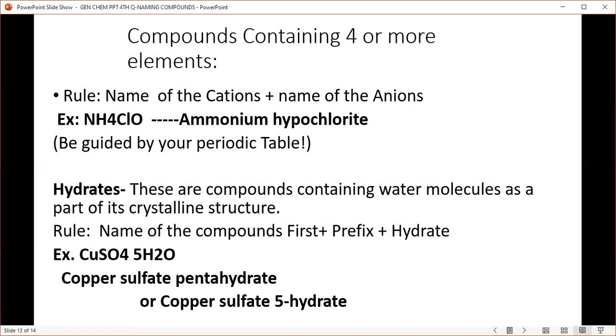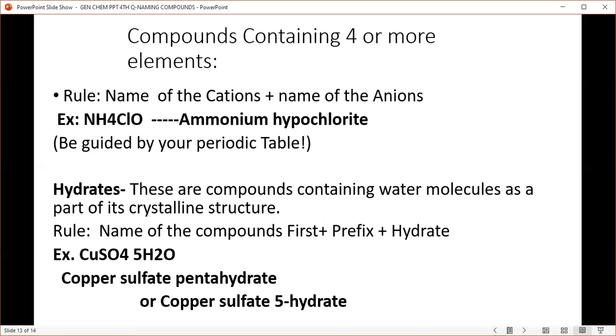The H2O is already the hydrate. We only have to indicate the prefix, or how many molecules of H2O we have in this specific chemical formula.